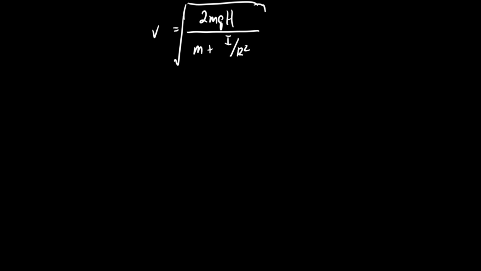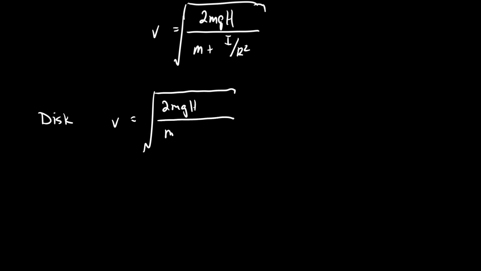And just look at that, it's a mess. Let's pop in one of the I's. We'll do the disc first. So let's put the disc in. So v equals the square root of 2mgh over m plus, well, I is 1/2 m r squared divided by r squared.